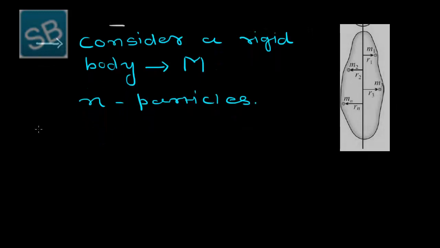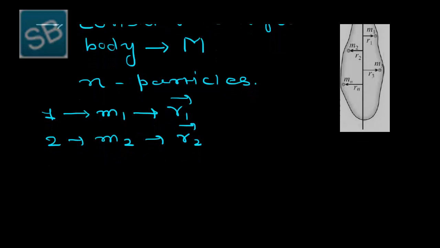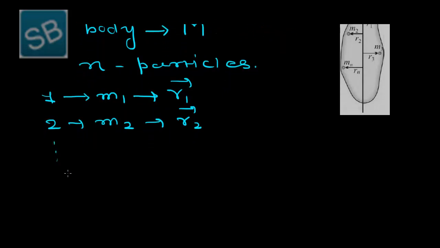As we start our analysis, the first particle has mass m1 and position vector r1. Similarly, for the second particle, mass is m2 and its position vector is r2. Continue this analysis for n particles, mn and rn.